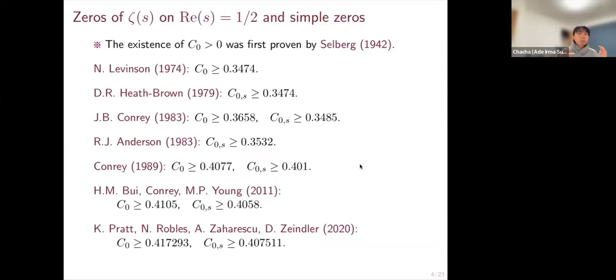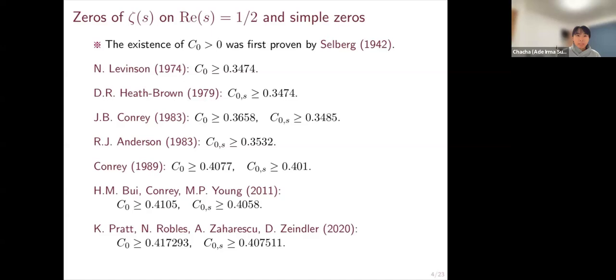And the greatest breakthrough, which I think I should say even until now, was by Conrey in 1989, where he could prove that more than 40% of zeros lie exactly on the half line and are simple.